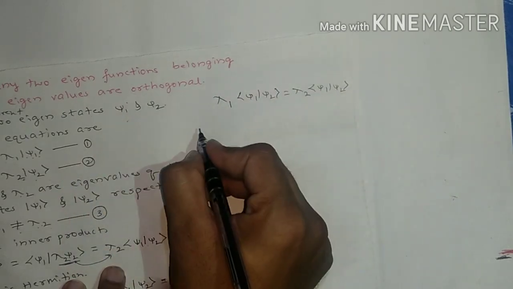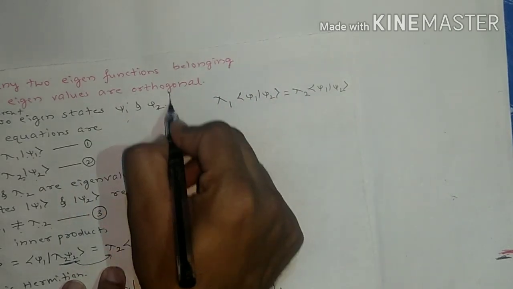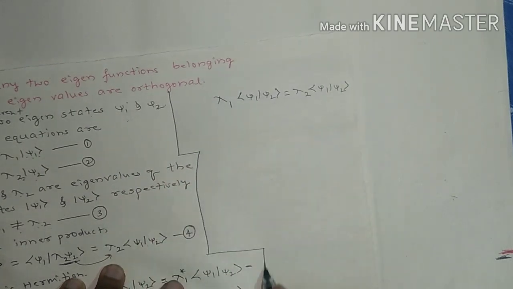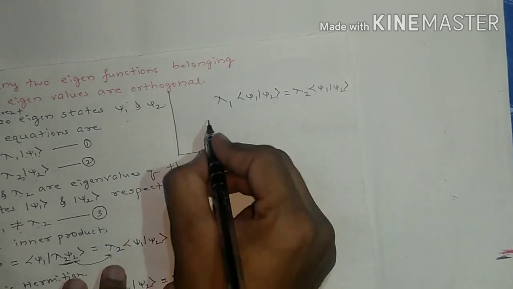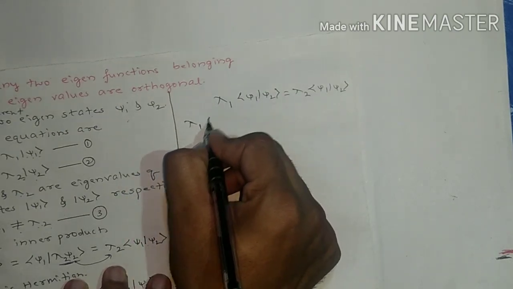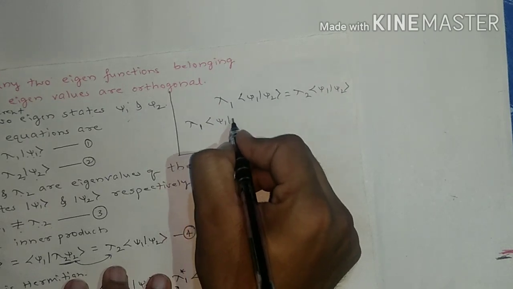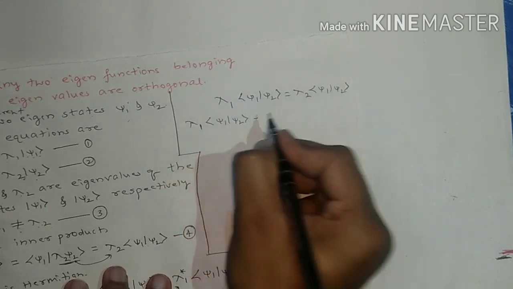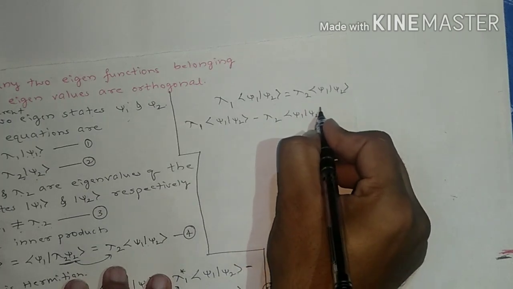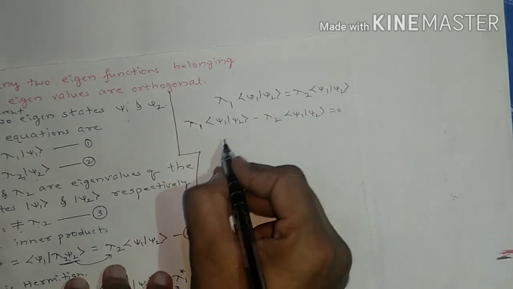Let me bring it to this side. If I bring it to the same side, I get lambda 1 times the inner product minus lambda 2 times the inner product is equal to 0.